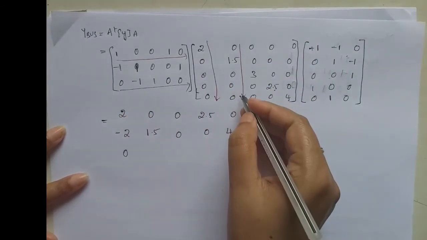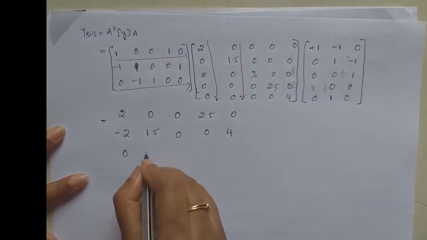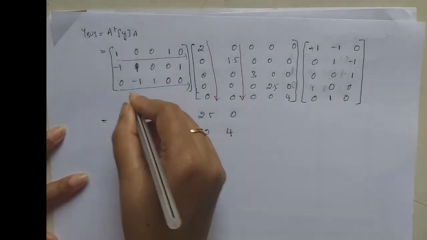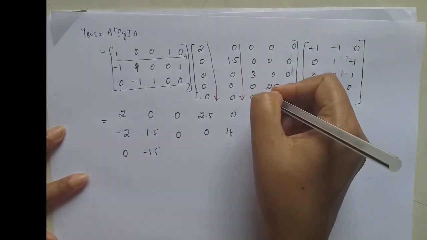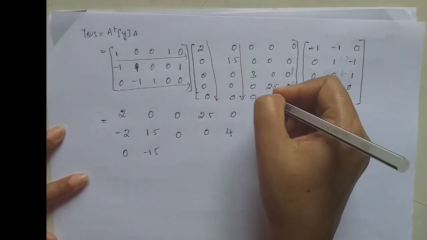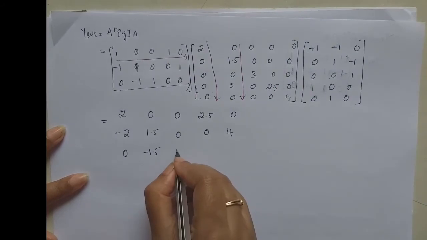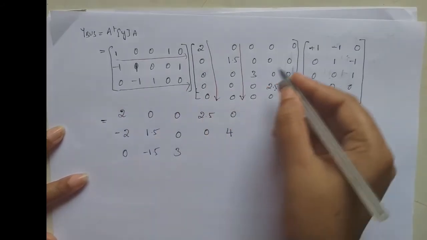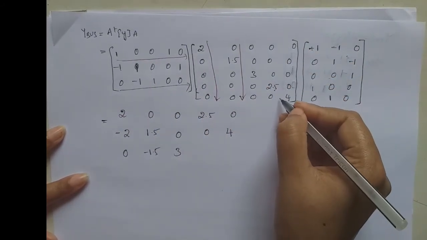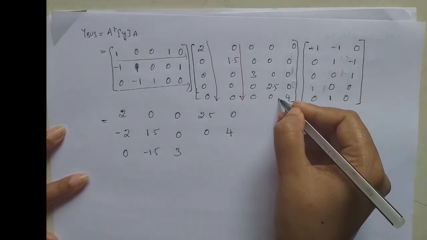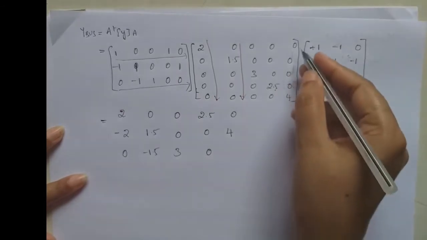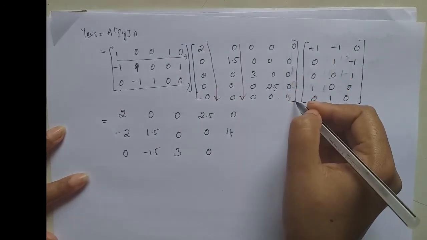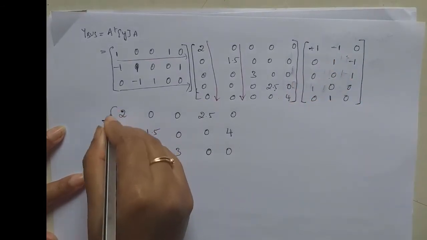Third row on multiplying with second column, it would be minus 1.5. Third row with third column, it would be plus 3. Third row with fourth column, it would be 0. Third row with fifth column, it would be 0.